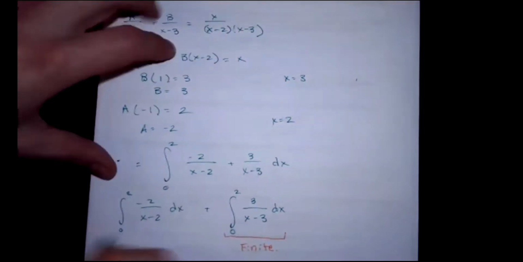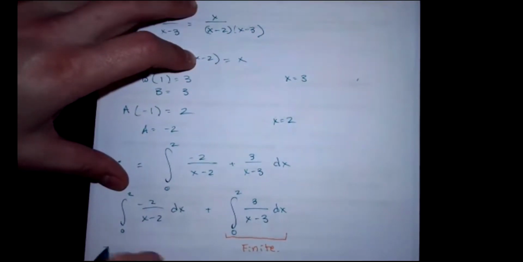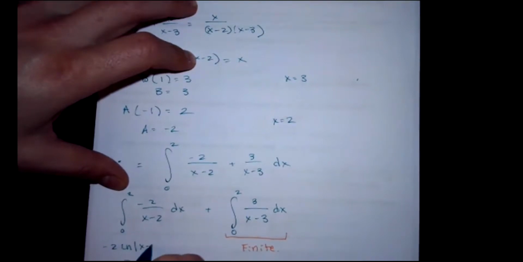So if we tried to compute this one, what do we get? We get minus 2 natural log of absolute value of x minus 2, from 0 to 2. When I plug in the 2, we get minus 2 natural log of 0, minus, and then minus 2 natural log of the absolute value of negative 2.